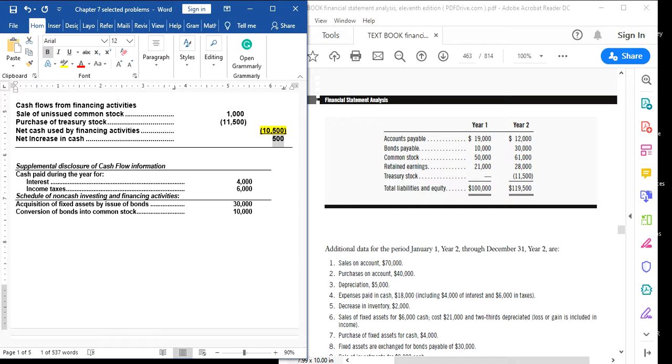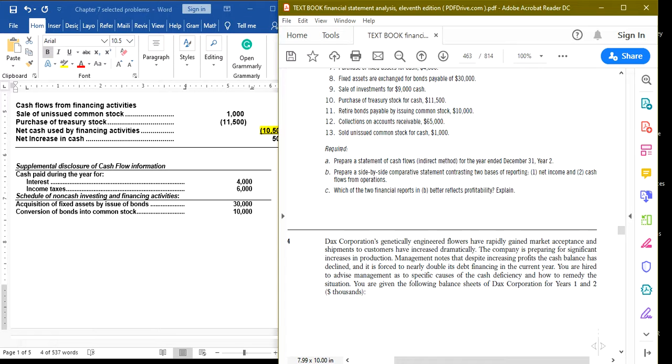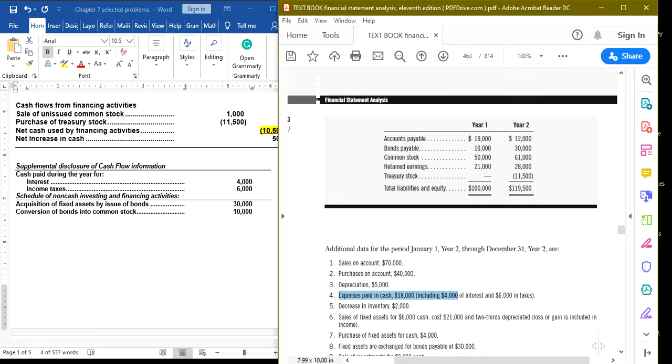We have included them in expenses paid in cash. So we don't include those as a cash outflow actually, and that was one of the limitations. But here they have been included, and it would be useful to include them in the income statement.